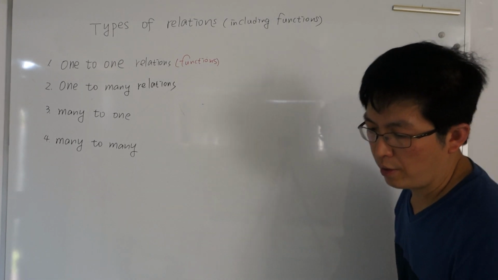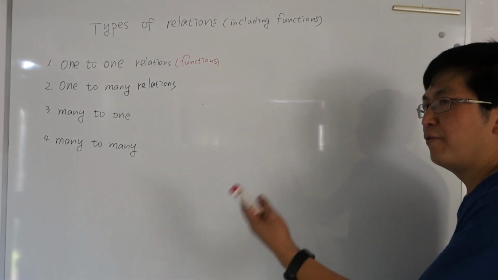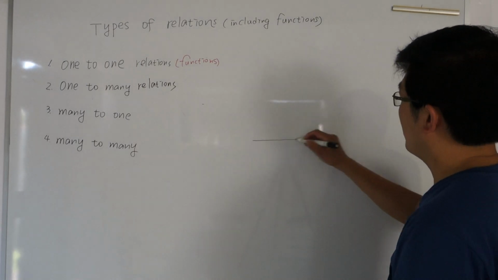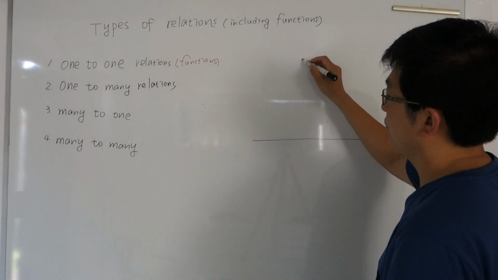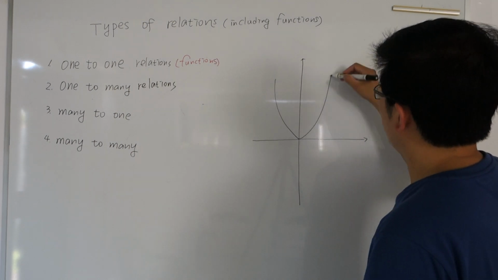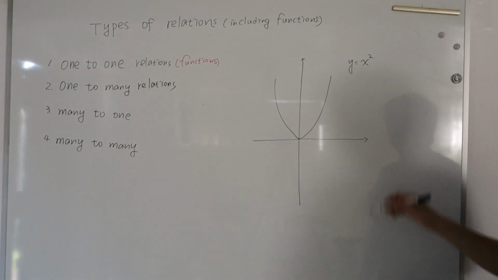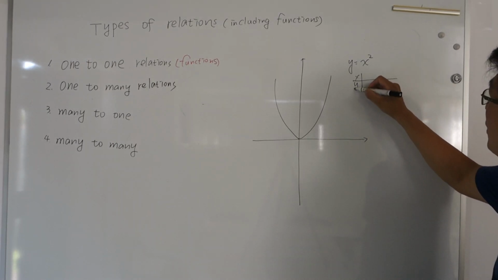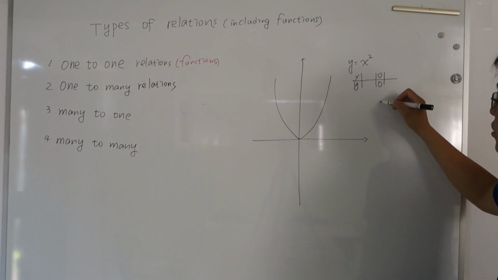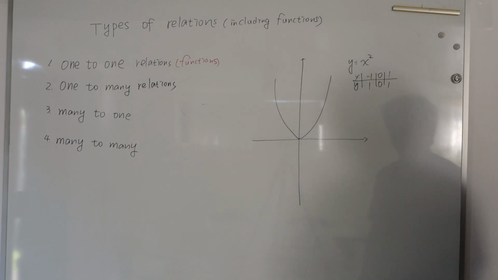So what's called many to one? Many to one, a very special example, remember? Quadratic equation, y equals x squared. You find only when x equals 0, y equals 0. When x is 1 or negative 1, y is 1.